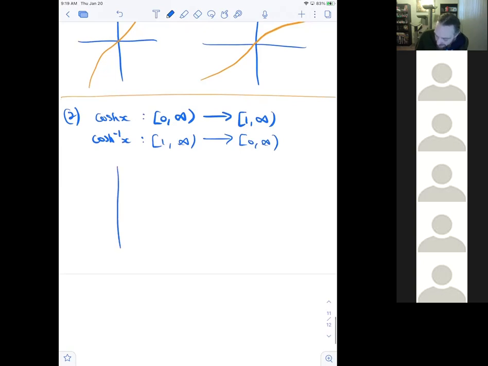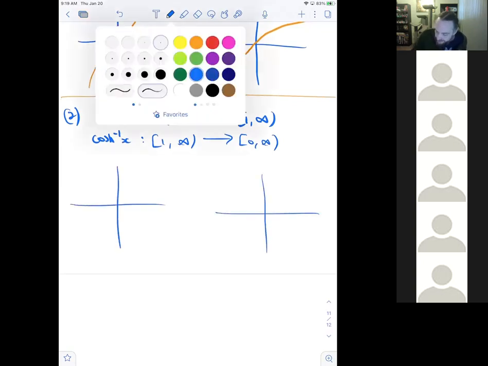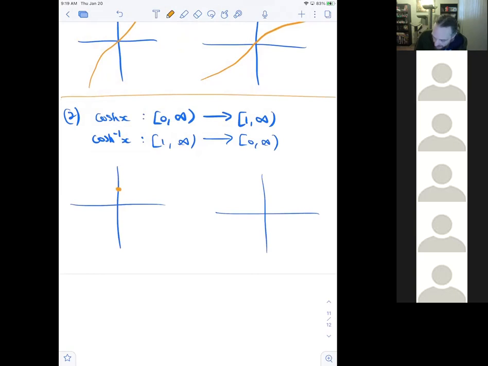What do we mean by that? This was 0 to infinity, this was cos hyperbolic x, 1 to 1. So what we're going to get is this guy. It's going to look like root x just shifted over, just like when we have the regular parabola and root x. It's the same business.